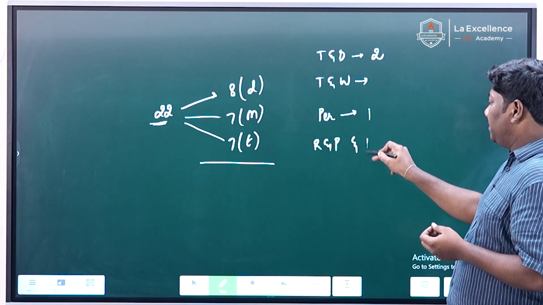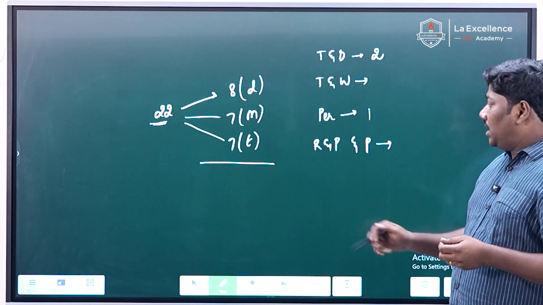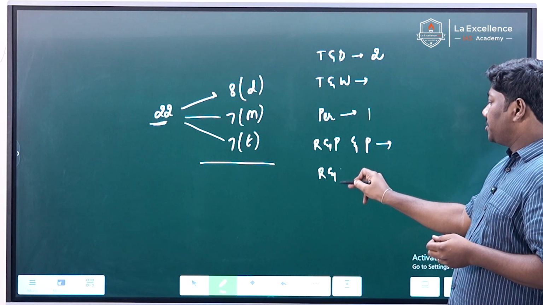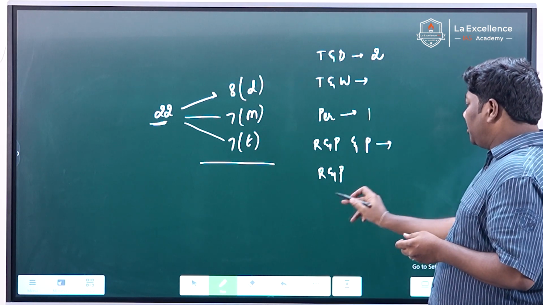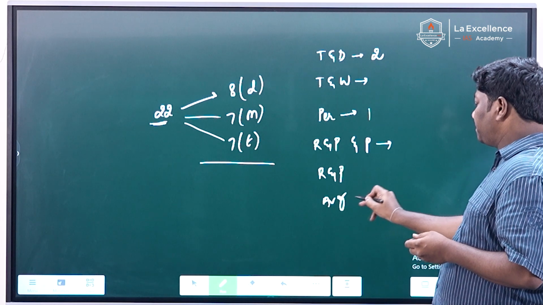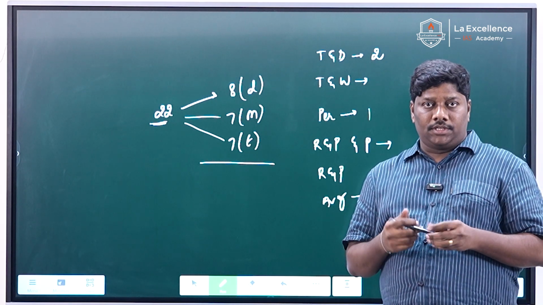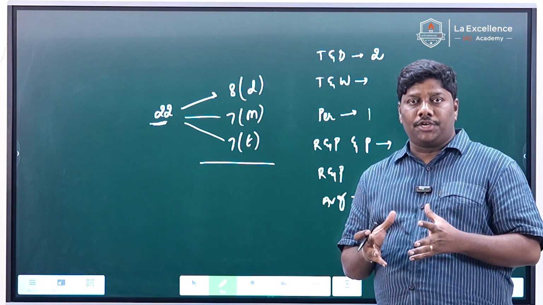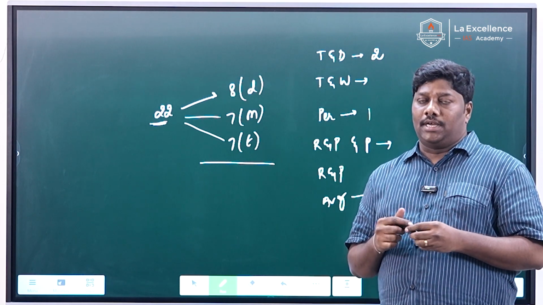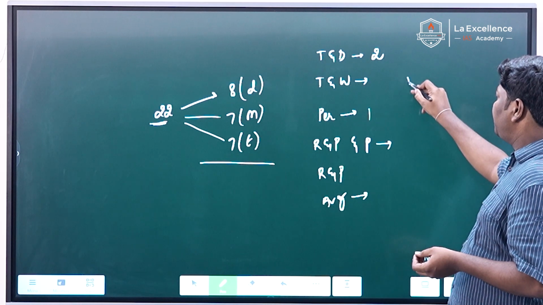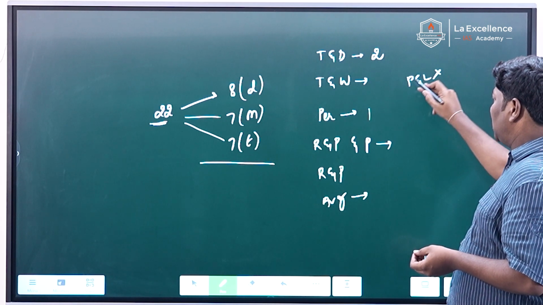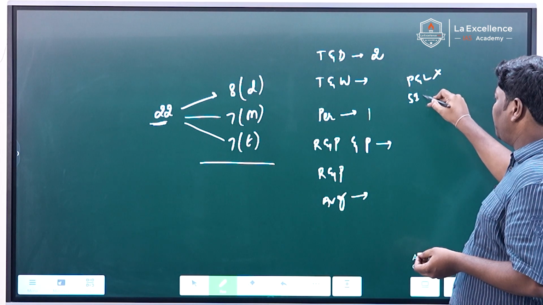Interest and percentage together. And pure ratio and proportion, there is another question. And if you see other topics like average, you got one question from average, and that too the concept of average. He is not asking you the question directly based on the average. The concept of average is used. And there were no questions from profit and loss, and there were no questions from simple interest and compound interest.